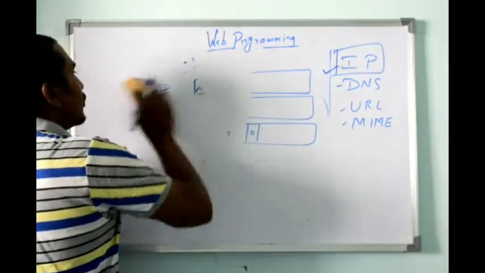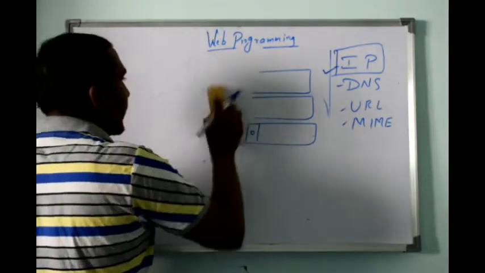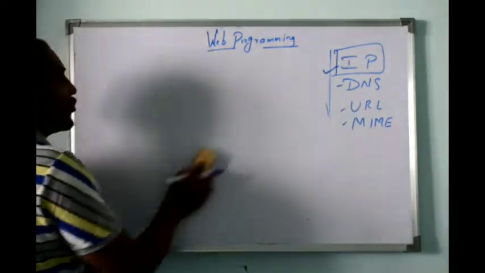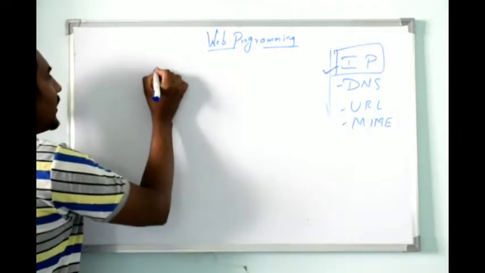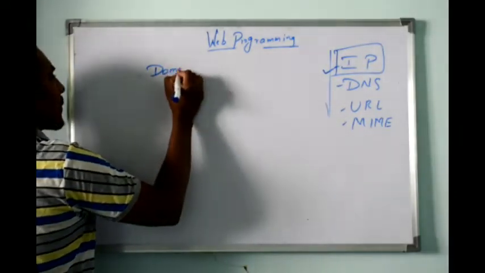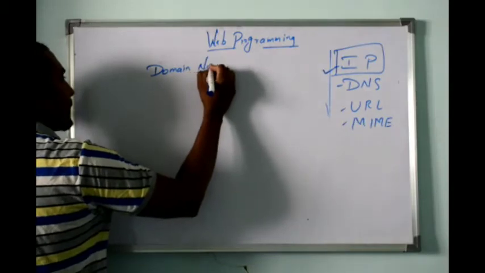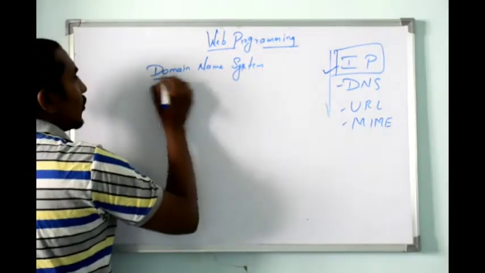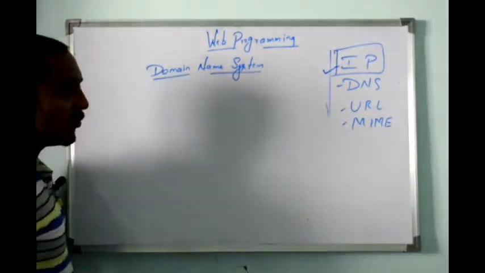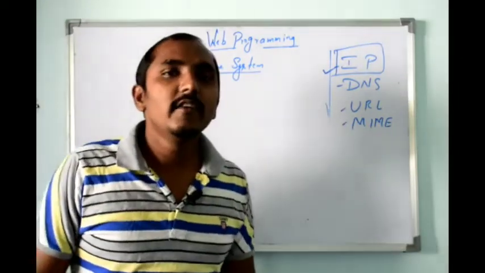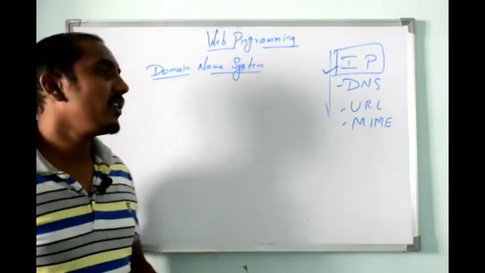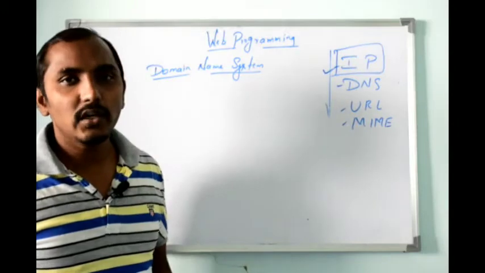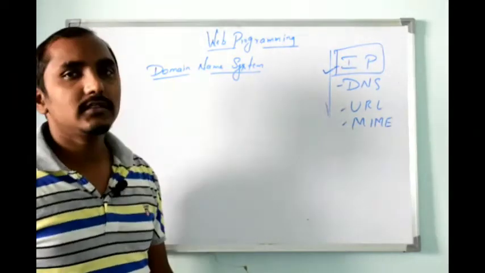So the next concept we'll come across is DNS. DNS stands for domain name system. What is the domain name system? Whenever you are representing any network or any device in the network, we use an IP address.